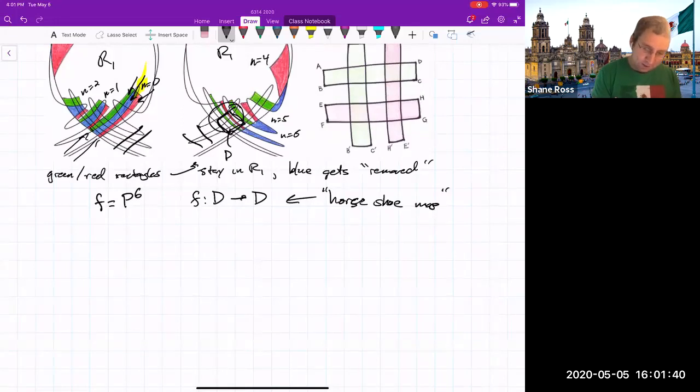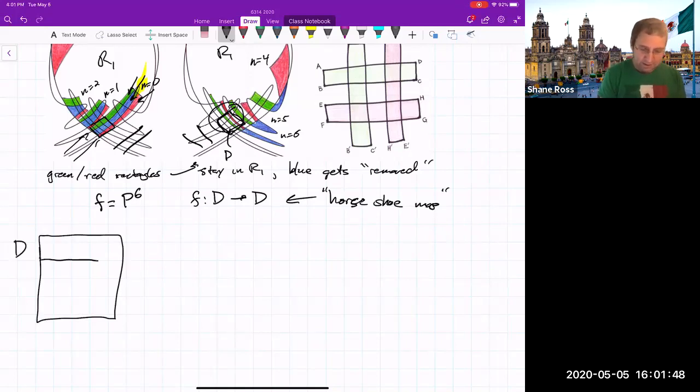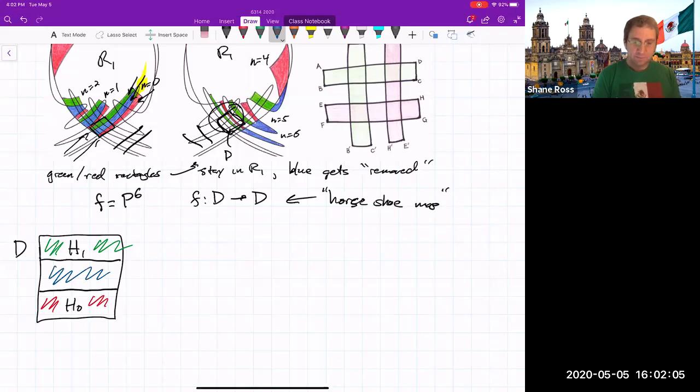I'll draw that square, a little bit bigger. Here's that domain D originally, and I've got a region H1, which we had as green, and then H0, which is red, and the inside, which is blue.